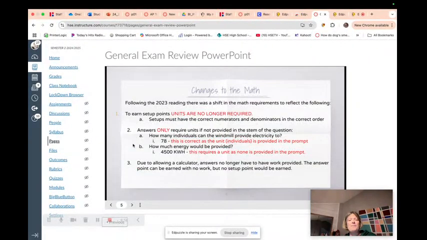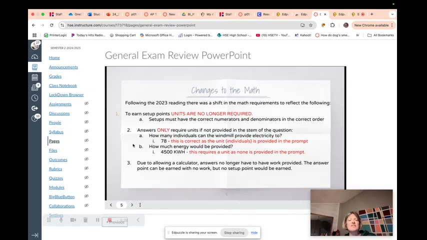Okay. So what are some changes to math that are no longer requirements? I've probably told you to do some of this stuff, but now they're saying for sure that you don't have to do it. So let me show you what some of those changes are and what might be different than what I've been telling you all year.